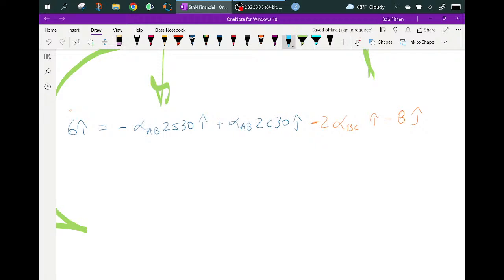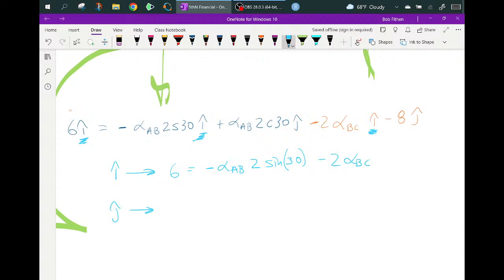Now, I can go in and break it down into the I component and then the J component. On the left-hand side here, let's do it this way. Here's my I, and my I. So I have 6 is equal to minus alpha AB 2 sine of 30 and then minus 2 alpha BC.